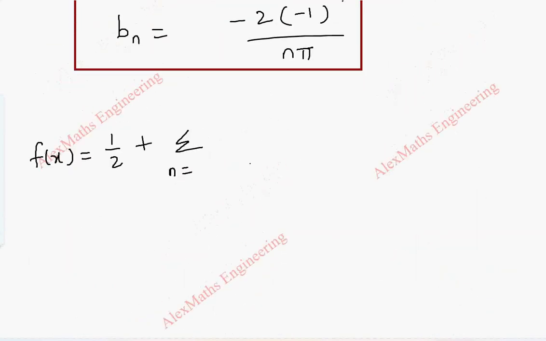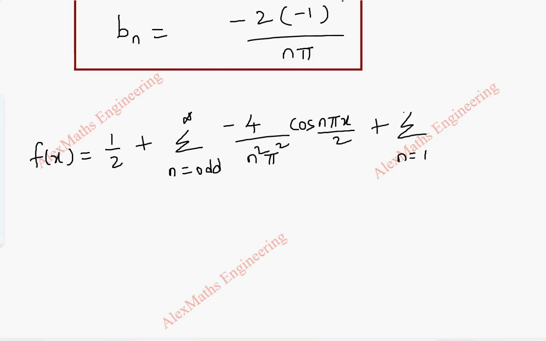So when n is odd till infinity, minus 4 by n square pi square into cos n pi x by L, which is 2, plus summation n is equal to 1 to infinity, bn is minus 2 into minus 1 whole power n by n pi into sin n pi x by 2.